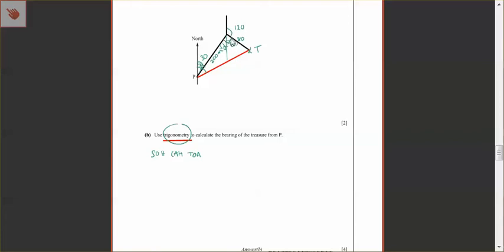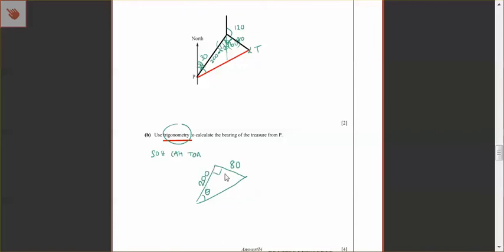That means this is the 90-degree angle. I know that's quite a difficult one to think about, but that's the 90-degree angle. So then what I've got is my triangle. If that's my diagram again, this is the 90, that's 80. This is the angle I'm trying to find out, and this one is 200.